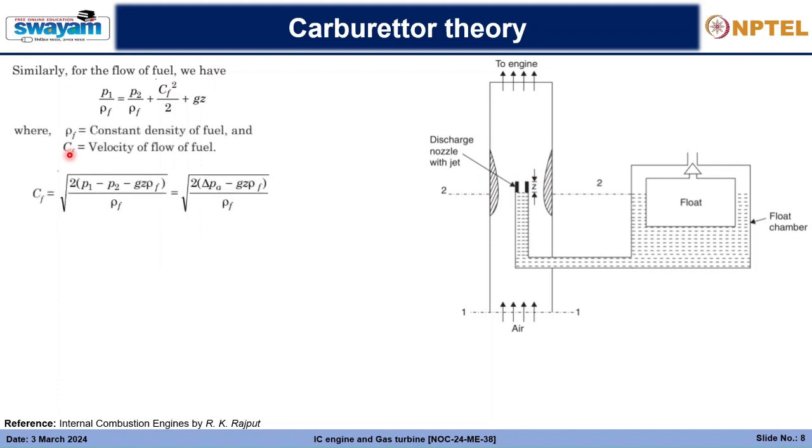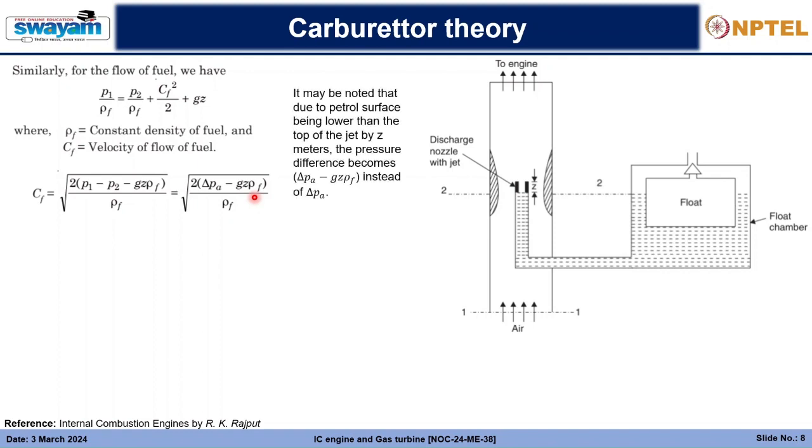These are the nomenclatures, and finally, if we solve this equation, we will get the value of Cf to be root over 2 into (P1 minus P2 minus Gz rho F) divided by rho F. So P1 minus P2 we already know, that is delta PA. In the previous expression we used that, and this term Gz rho F comes up again, and we will see the significance of this term.